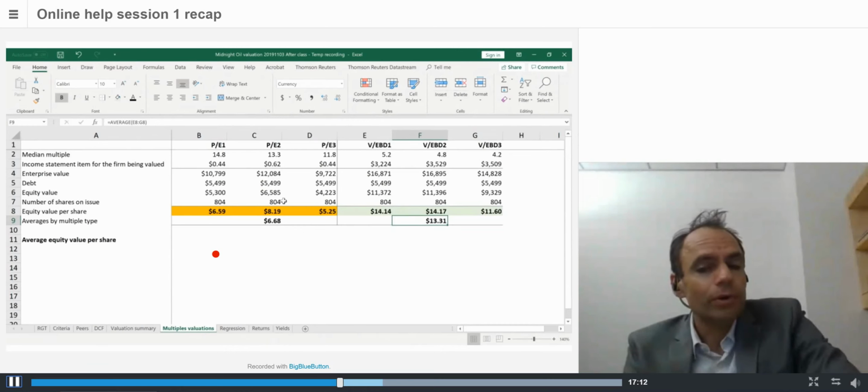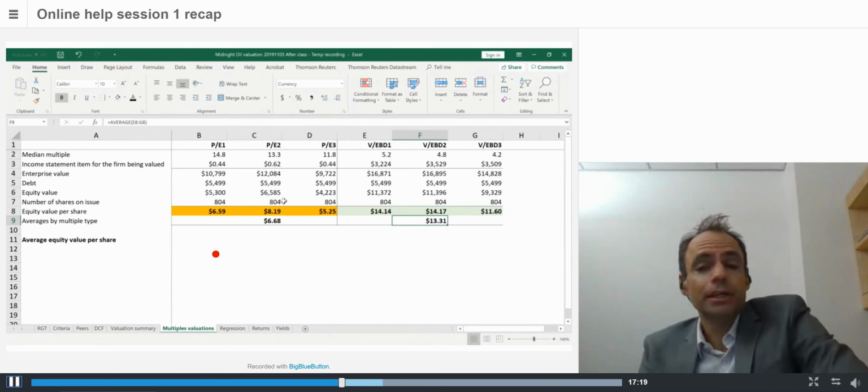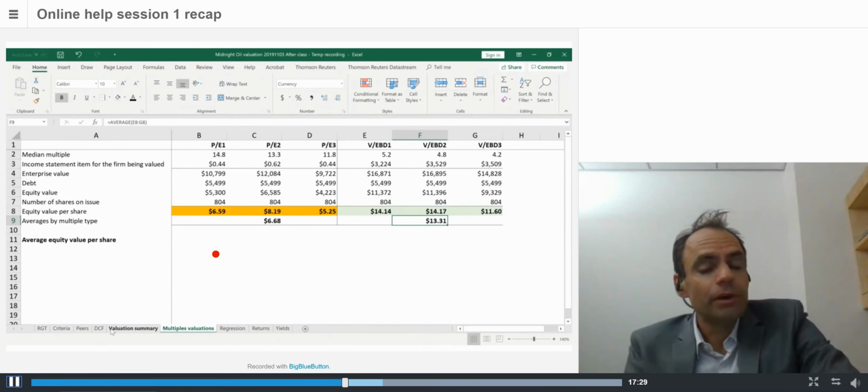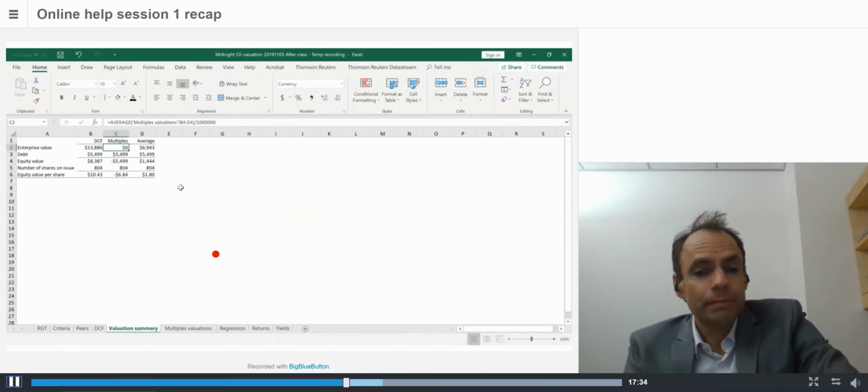Maybe Midnight Oil has a lot more depreciation and other expenses compared to peer companies, which is decreasing the earnings per share. And maybe that's the better valuation, and maybe the value relative to EBITDA is the better valuation. I don't know.